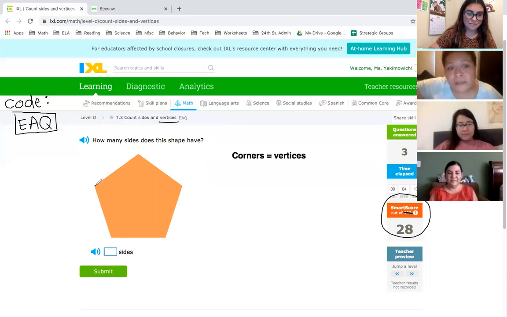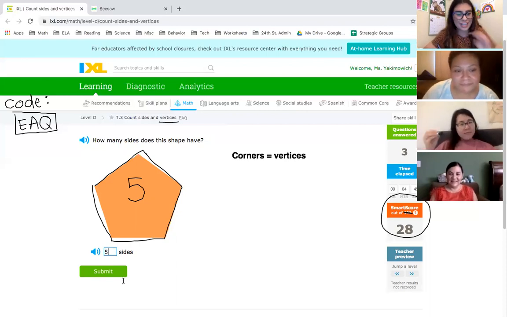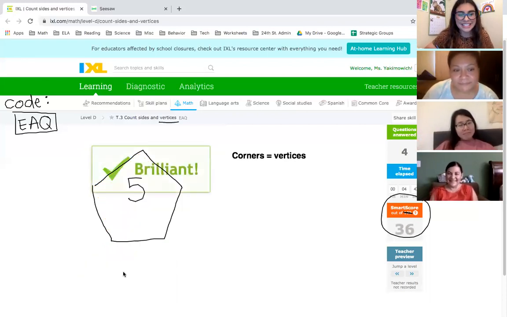So going up, it's going to be 1, 2 to the second slant, 3 to the bottom, 4 at the very base, 5 at the final slant. We have 5 sides here, and that's a pentagon because you can hold a pen with 5 fingers, 5 sides. Ooh, what a great way to remember what a pentagon is. So a pentagon has 5 sides, and we're going to put 5 in here and see what we get.